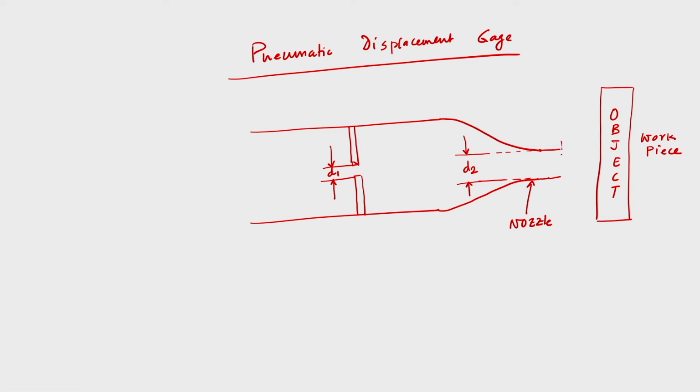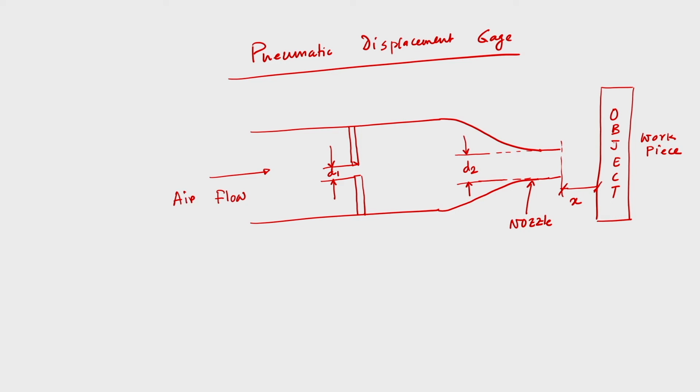Say this distance that we would like to measure is x, and we have a flow of air, air flow.